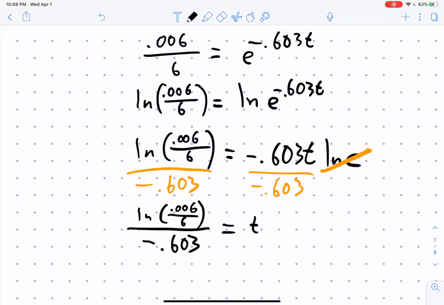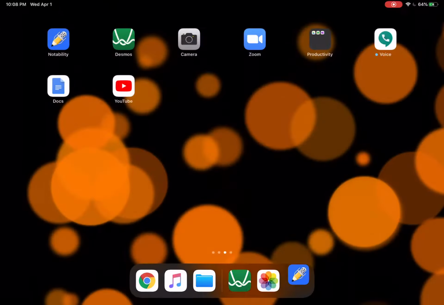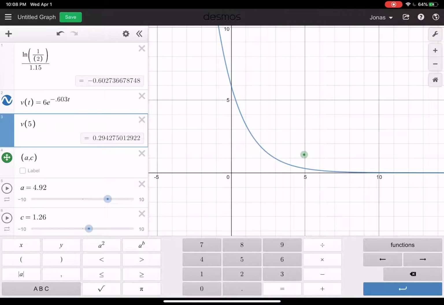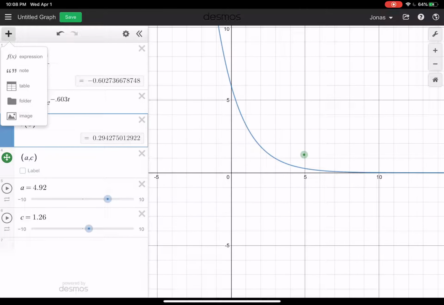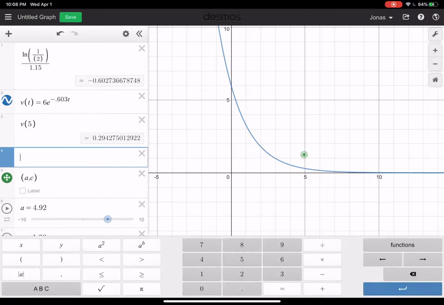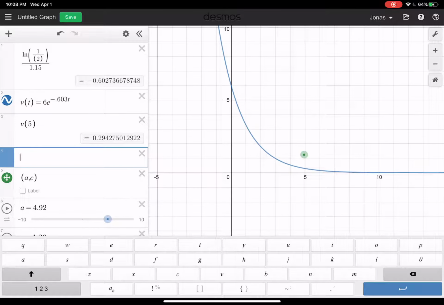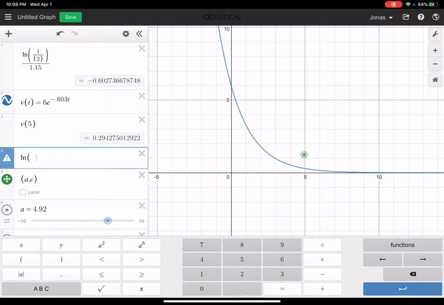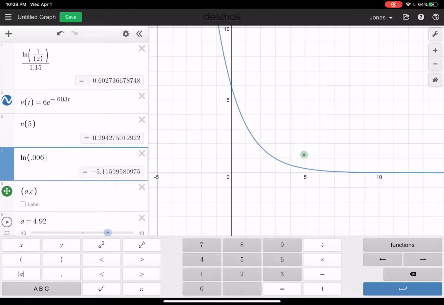For this, we're going to use Desmos to do it. Let's see. This is the natural log of 0.006 divided by 6.